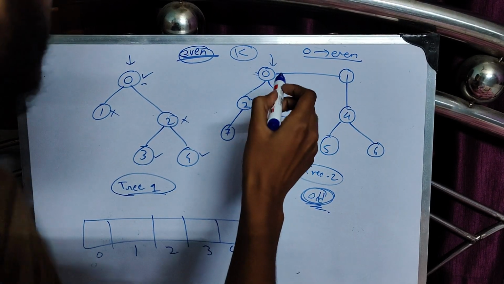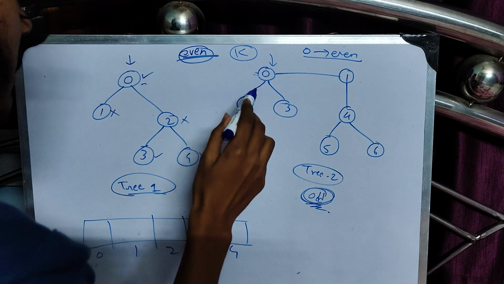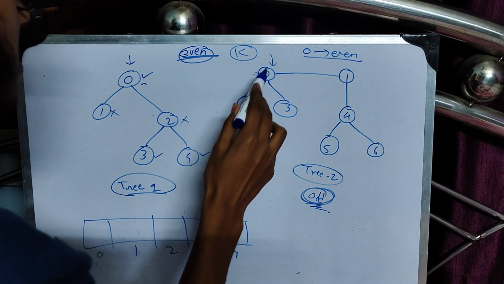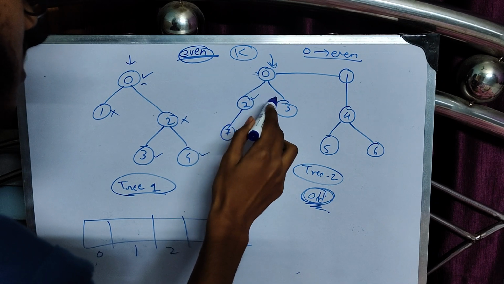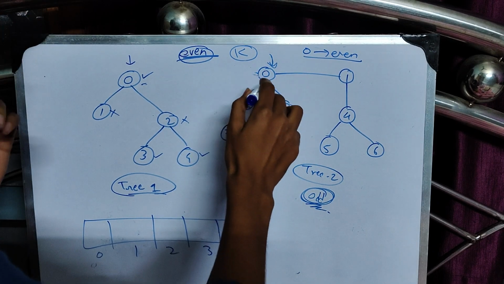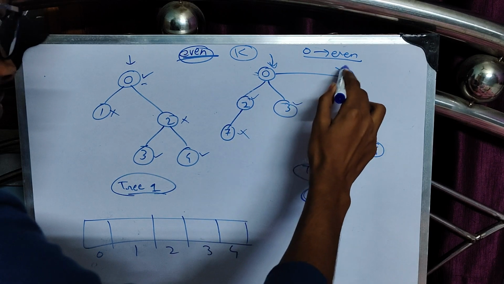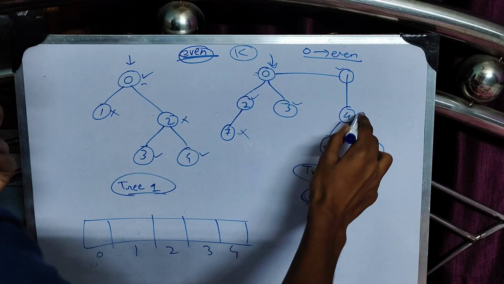So now again do DFS or BFS in tree 2 and find how many odd nodes are present from how many odd targets are given in each. In this one it is 1, 2, 3. No, this will not be considered. 3, this will not be considered.